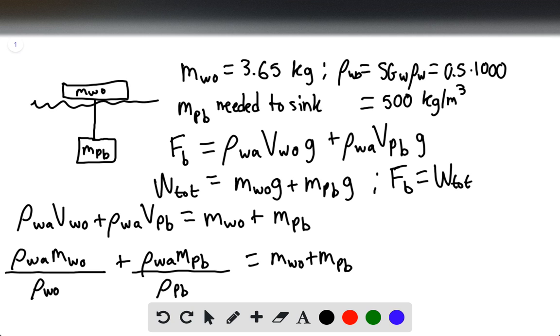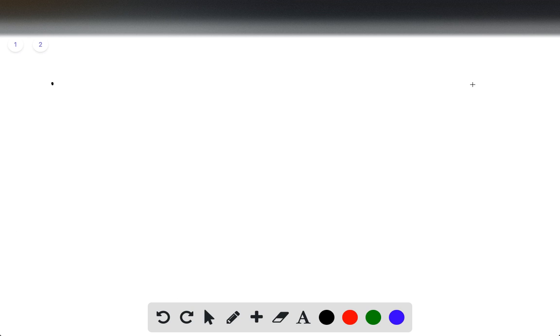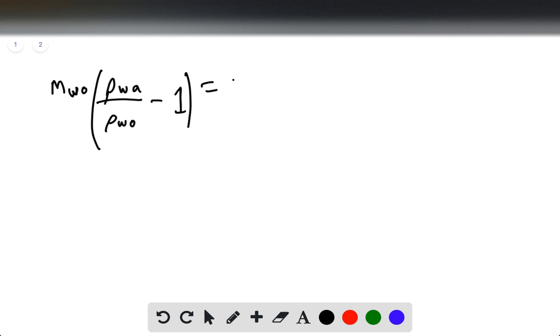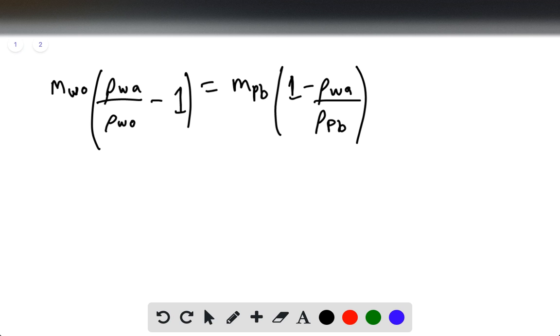Through essentially a lot of algebraic manipulation, we find that the mass of the wood times the density of the water divided by the density of the wood minus 1 is going to equal the mass of the lead times 1 minus the density of water divided by the density of lead.